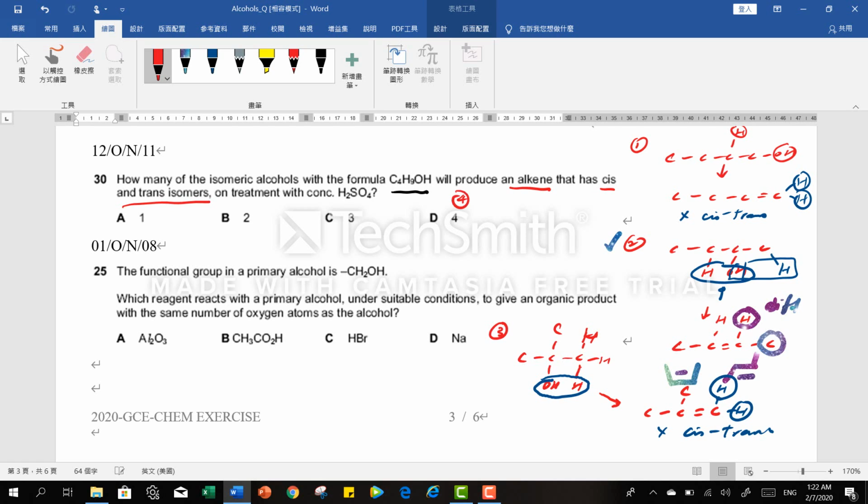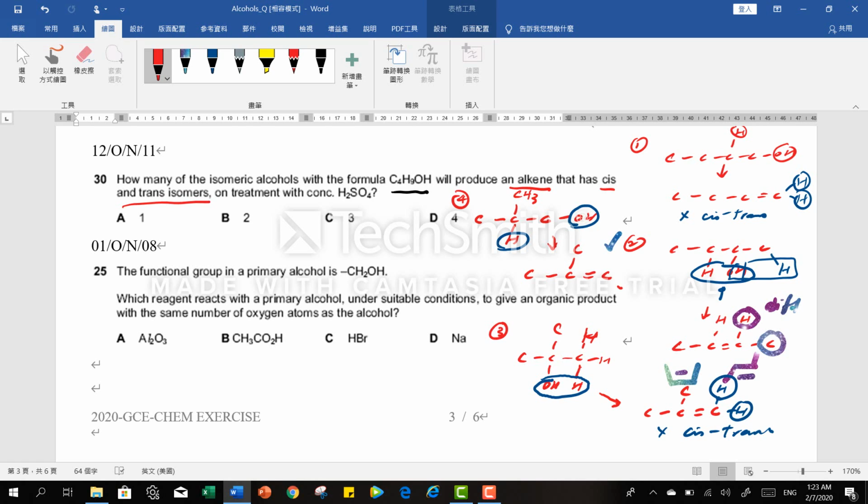And there should be one more. I draw it here. That is 1, 2, 3, and then OH here, and then CH3 here, and remember there is an H. So undergoing dehydration, this OH and this H will be pulled out, then it will become C, C, C, and then a double bond.